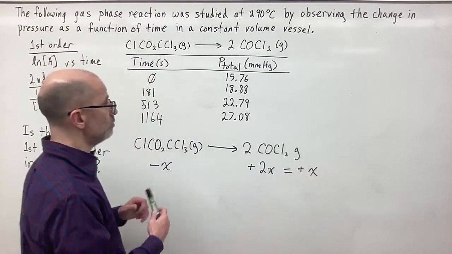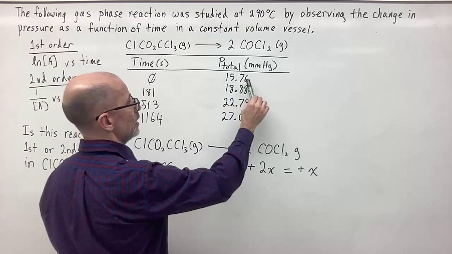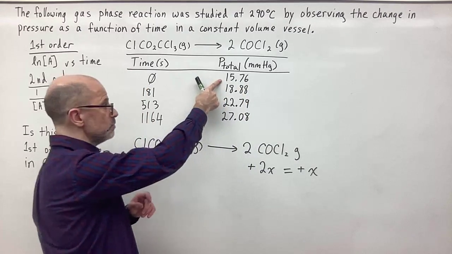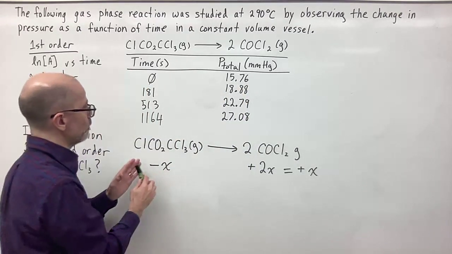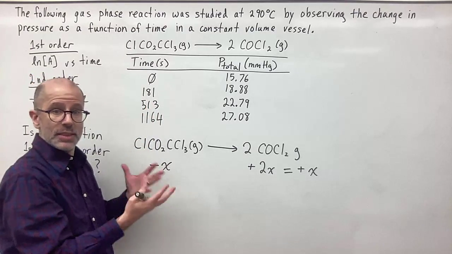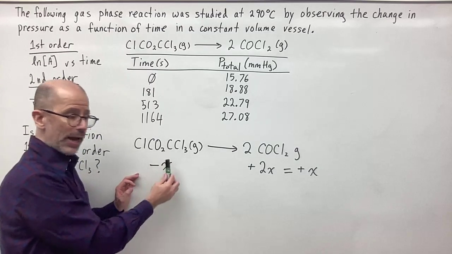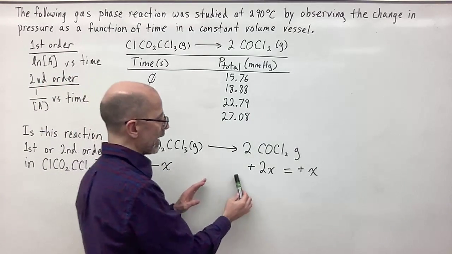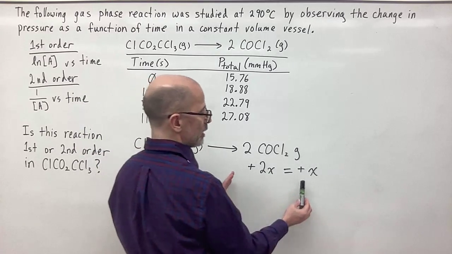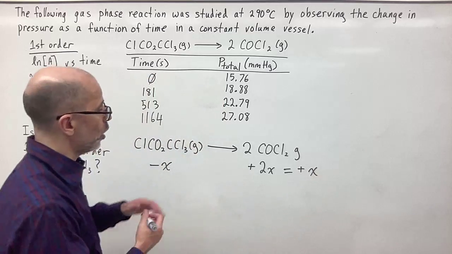So look at the data here. I start with 15.76 millimeters of mercury, which is only reactant. After a certain amount of time, like at 181 seconds, I lost an x amount from my reactant, but I gained 2x for my product, and so the total together means I gained an x amount in my total pressure. Well, what was that?